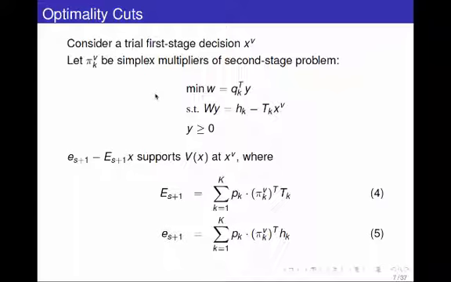And you ask, what are these pi's? These pi's are the dual multipliers of the second stage linear program for a certain trial decision x_v. Okay. You tell me, what do you want to do in the first stage? Give me an x_v, a candidate. I'll plug it into the second stage optimization. I will solve this problem for each scenario.